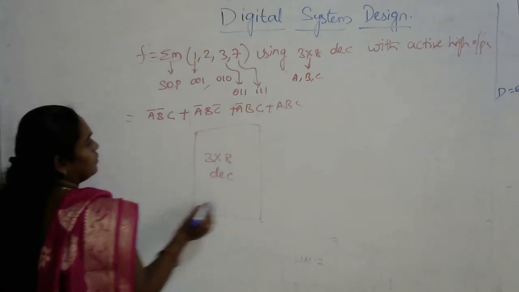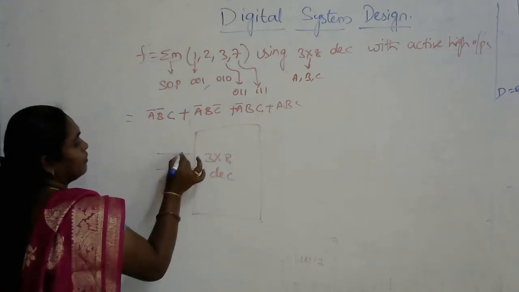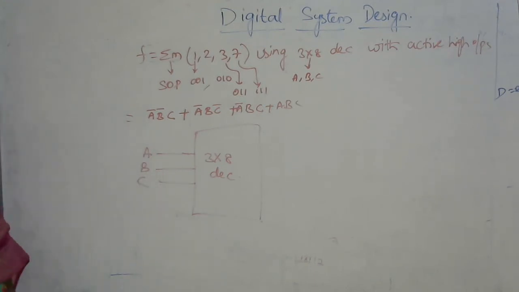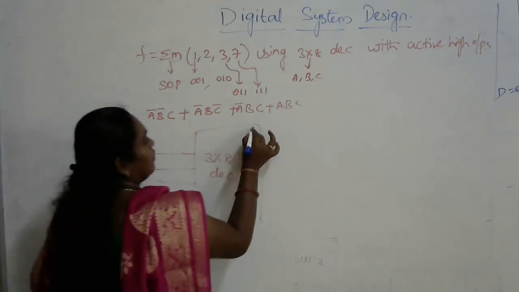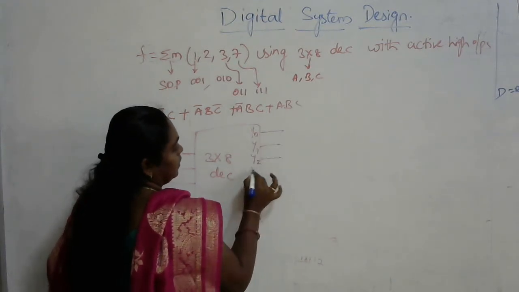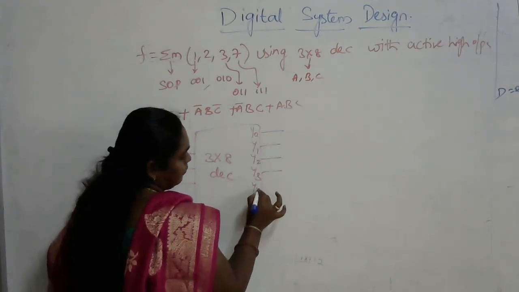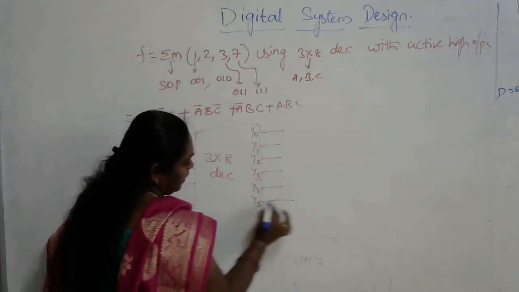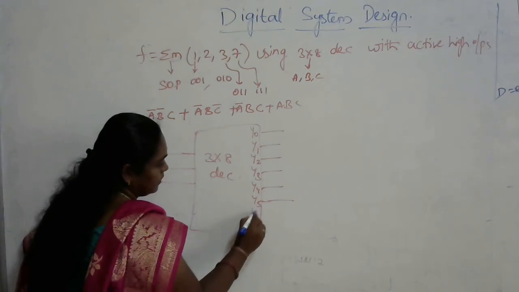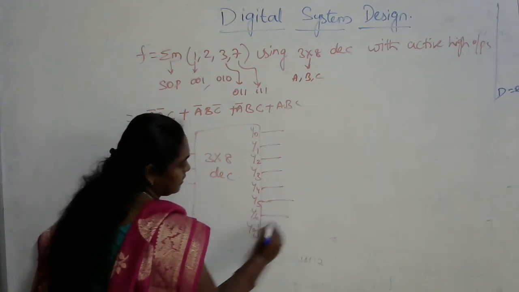In case of a 3 by 8 decoder, how many inputs does it consist of? 3 inputs. Those 3 inputs are A, B and C. And how many outputs does it consist of? 8 outputs, Y0, Y1, Y2, 3, 4, 5, 6 and 7.